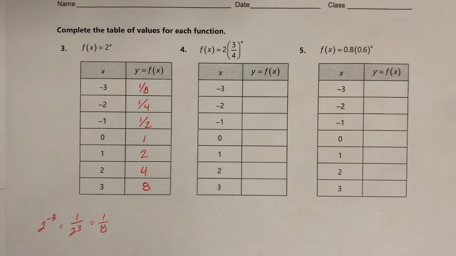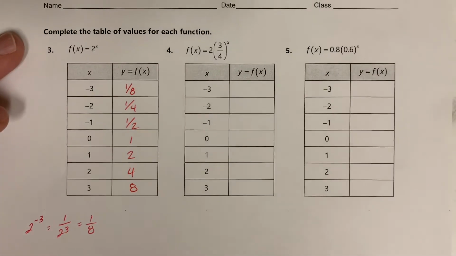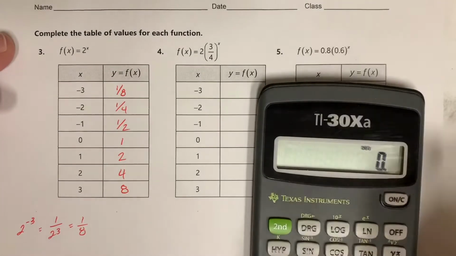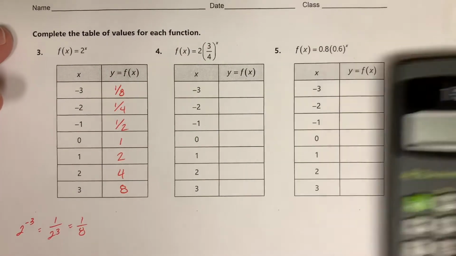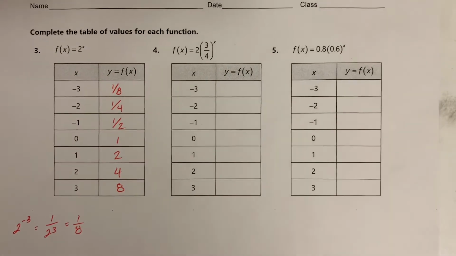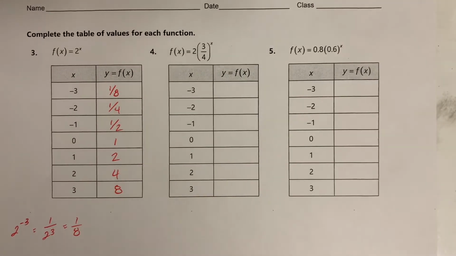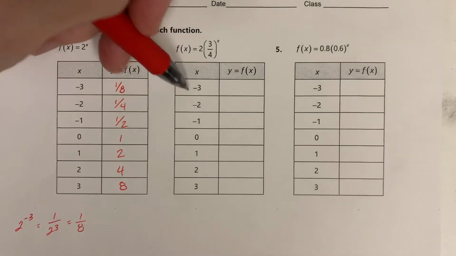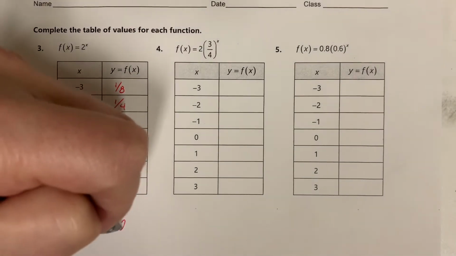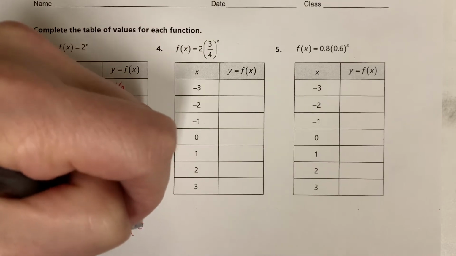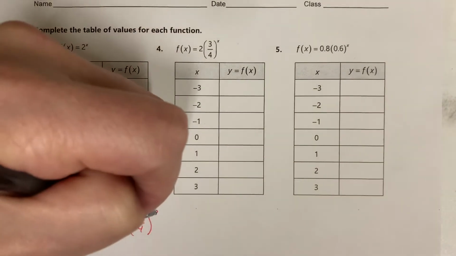Okay, for our next one, this time you can let the calculator do some of this for you depending on if you want decimals or not. I don't really like decimals too much unless I have to use them to graph. If I want to find out what -3 is for that x right there, let's just do that one. 2 times 3/4 to the -3.